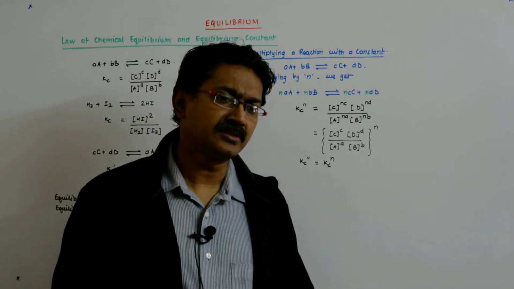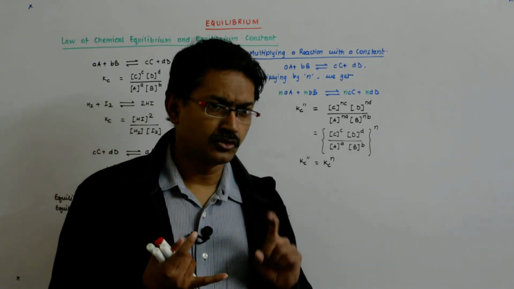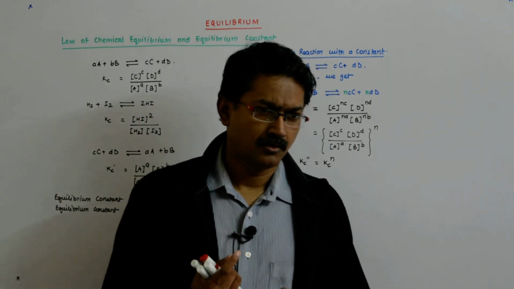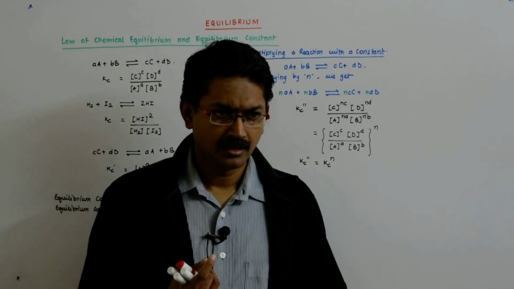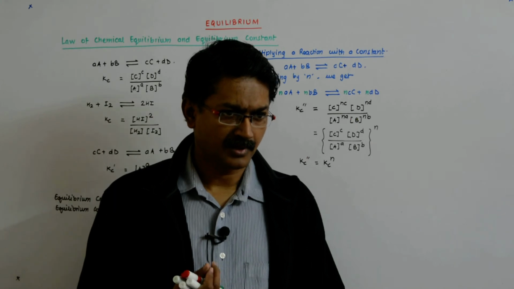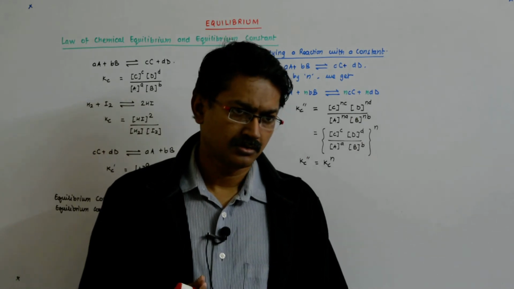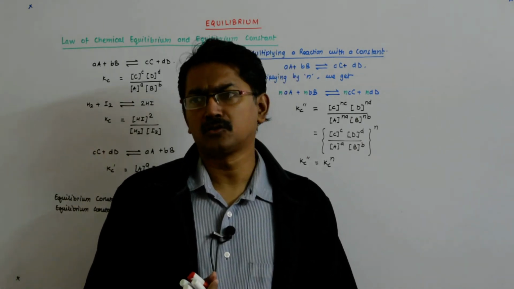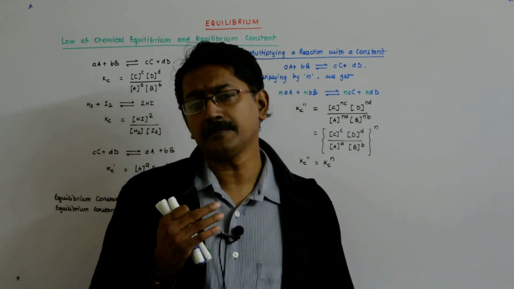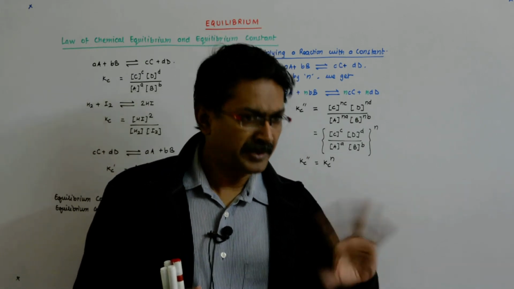Now suddenly Kc becomes 2 to the power 20. 2 to the power 4 is 16. 2 to the power 8 is 256, and 2 to the power 10 is 1024. So 1024 into 1024 suddenly becomes about 10 to the power 6. Now your interpretation changes from comparable amounts of reactants and products to predominantly products.